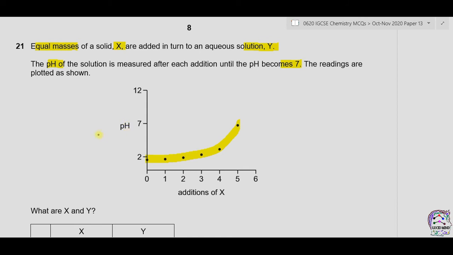On the y-axis we have pH, and we can see that the pH increases, so acidity will decrease. On the x-axis we have additions of X. So when X is 0, it means that the solution was acidic, as the pH was below 2.